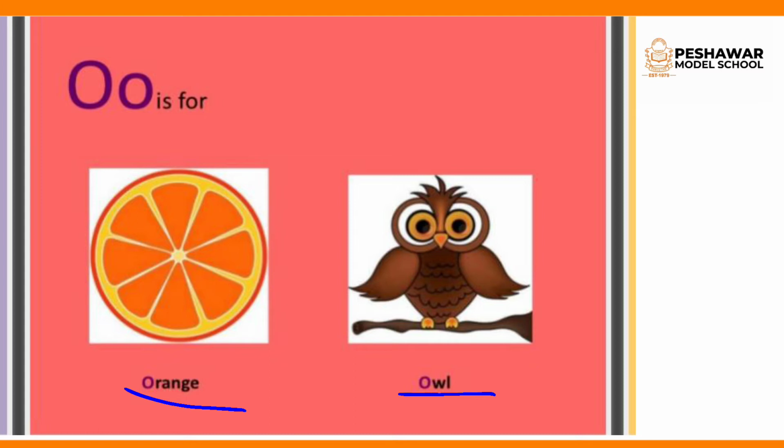Here the initial sound is O, and the final letter in orange is E. In the second word, the initial letter is O and the final letter is L.